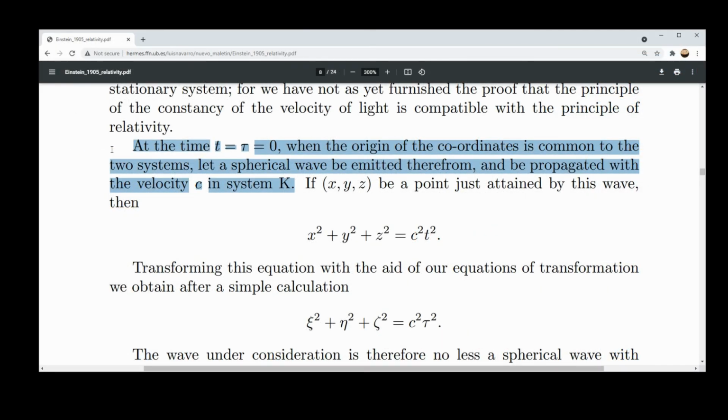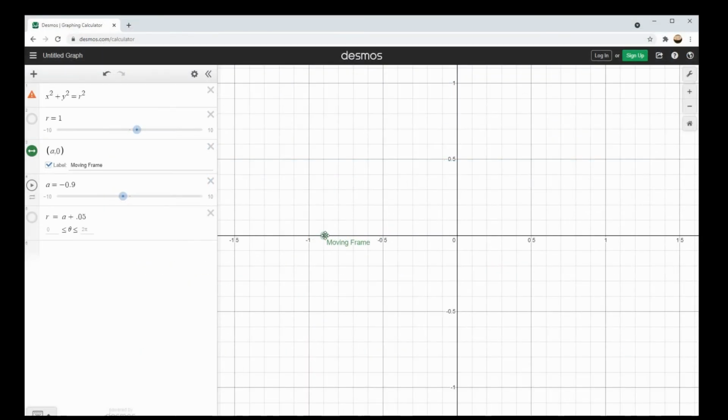So let's demonstrate what this spherical wave proof looks like. We have a moving frame that will move past the stationary coordinate of 0, 0. When that occurs, a single light pulse will be created by the stationary observer.